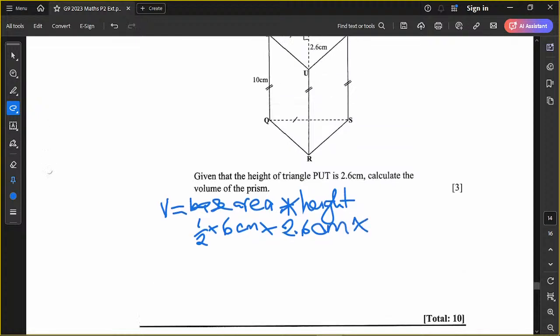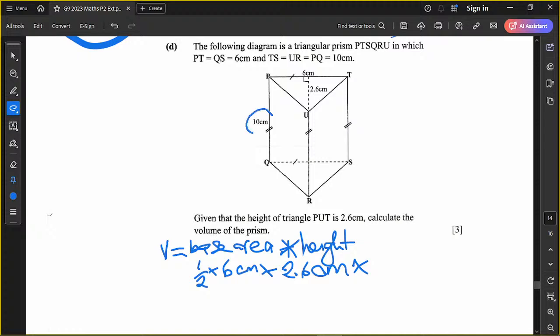What is the height? This is the height which is here, 10 centimeter, so times 10 centimeter.